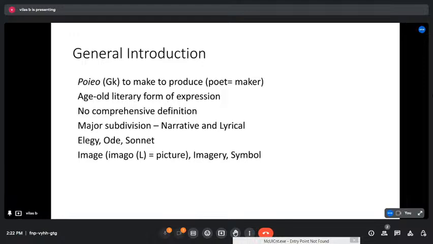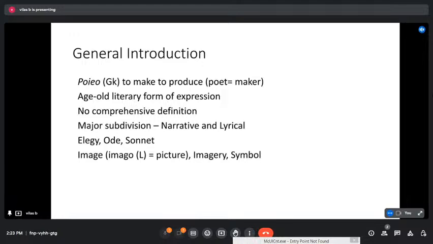Of course, there are several characteristics of epic, and later on we find epics like Paradise Lost. In the narrative forms we find the ballad, for instance, Coleridge's famous ballad, The Rime of the Ancient Mariner.